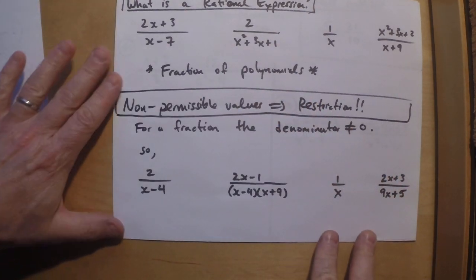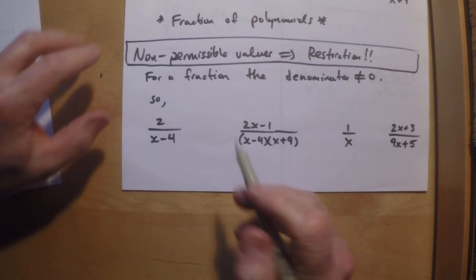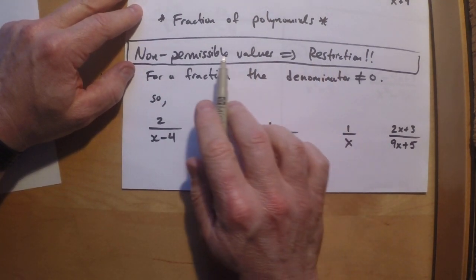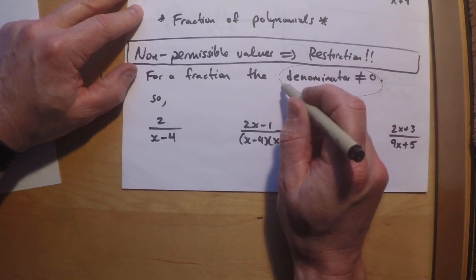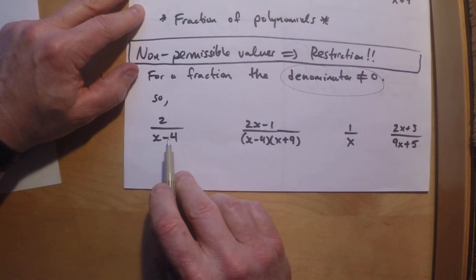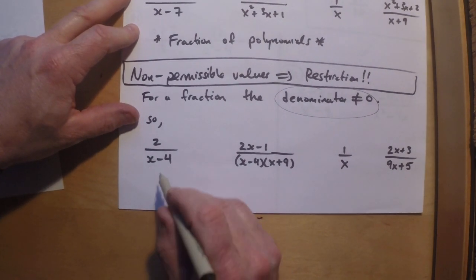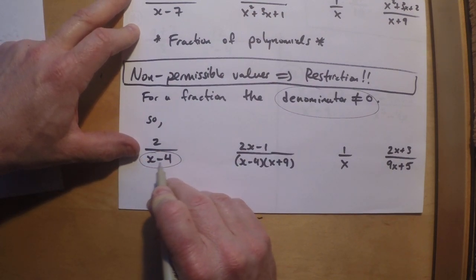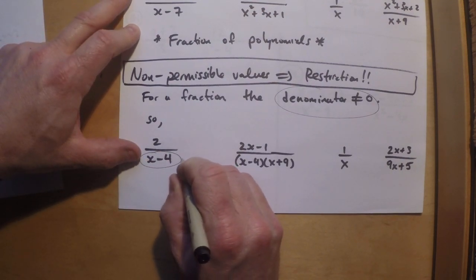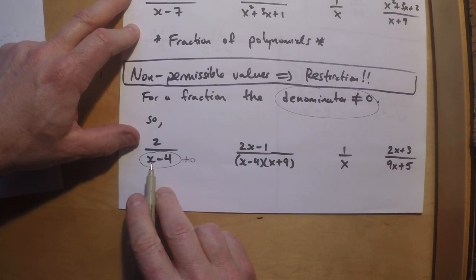So here are 4 examples of rational expressions, and if they ask you what the restrictions or the non-permissible value are, you will focus on the denominator. Here's our first example: 2 over 4x minus 4. Let's focus on the denominator. This is not allowed to equal 0. So what would a bad value of x be?